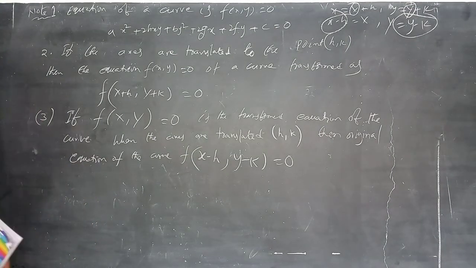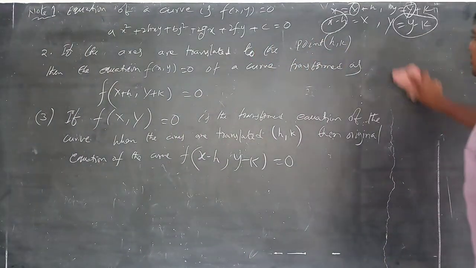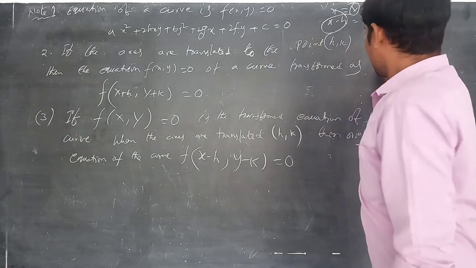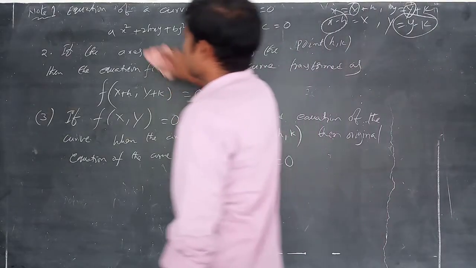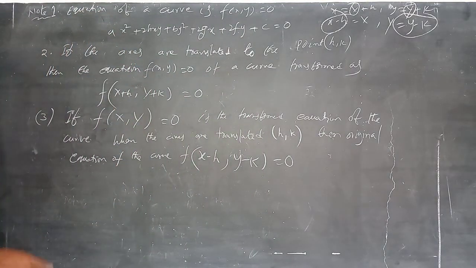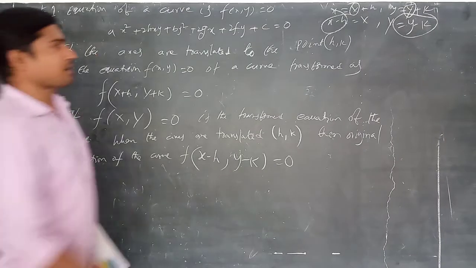Then the point is hf minus bg by ab minus h square, gh minus af by ab minus h square. For that, we'll learn the proof in the next class. So write the formula directly here.